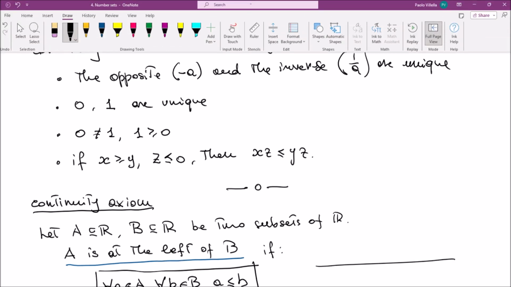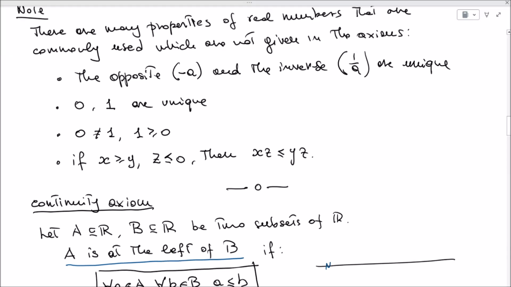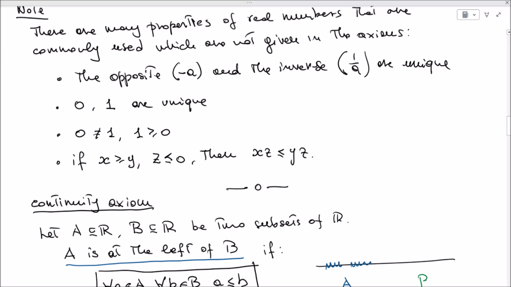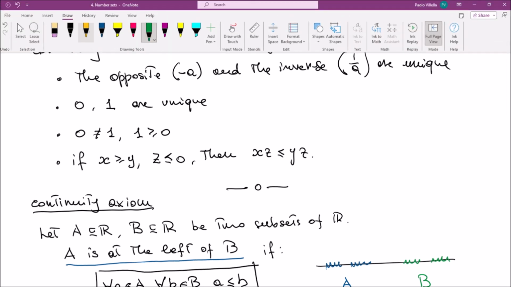Let's suppose that we have A defined with the blue, and we have B, for example, defined here. So if we pick any element in A, any element in A should be to the left of any element in B.